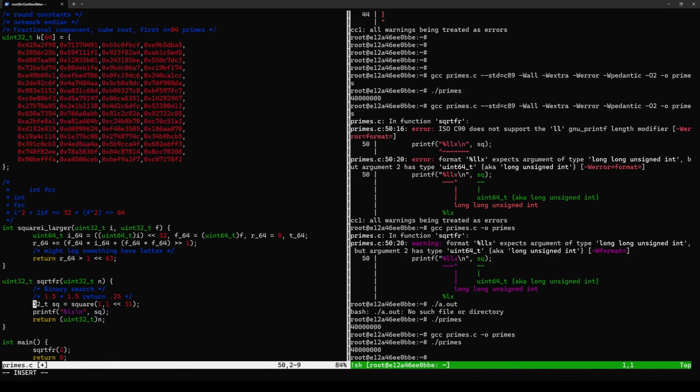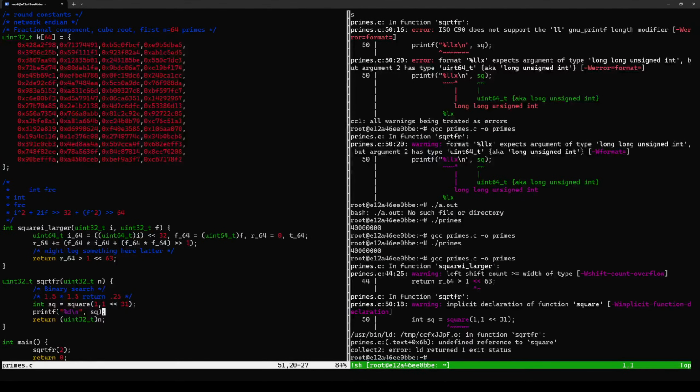Just have the int here. Just print it like so. Okay. Square. Not in insert mode. Ooh. Square larger.